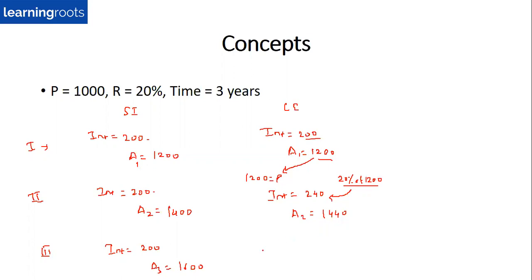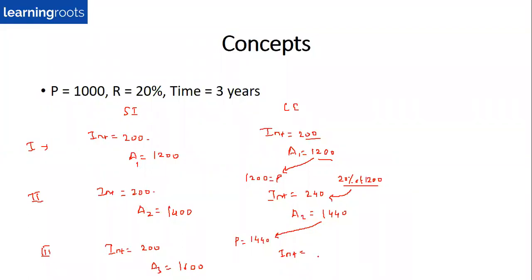Okay. Now for the third year, principal is going to be 1440. So this will be principal for the next year. And again, you need to find the interest, which is 20% of 1440. So 20% of 1440 you can find either by 1440 into 20 by 100 or straight away 1440 divided by 5.